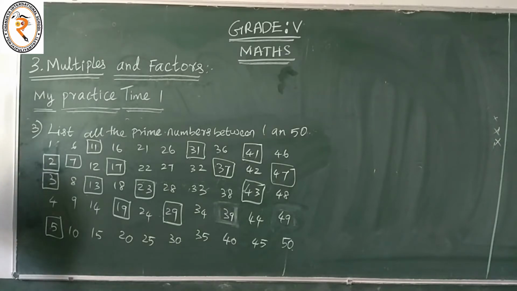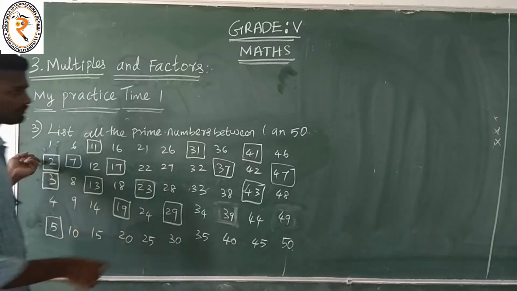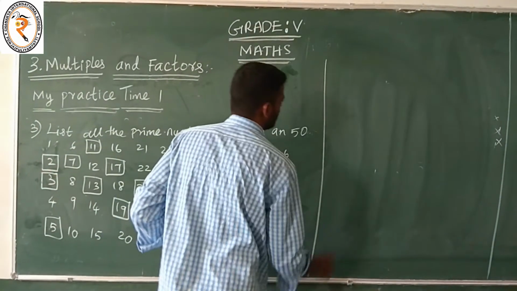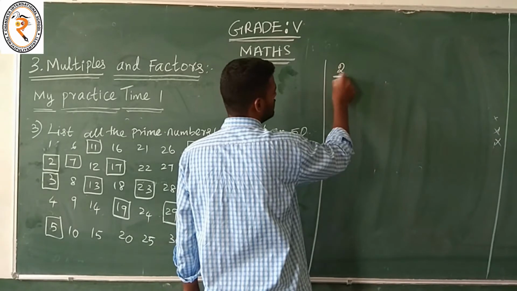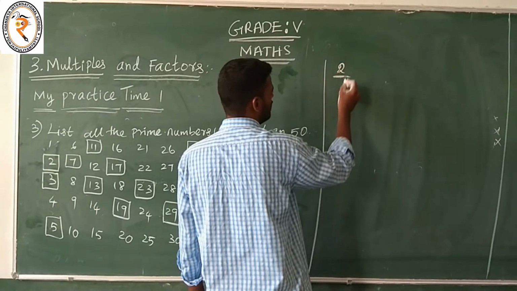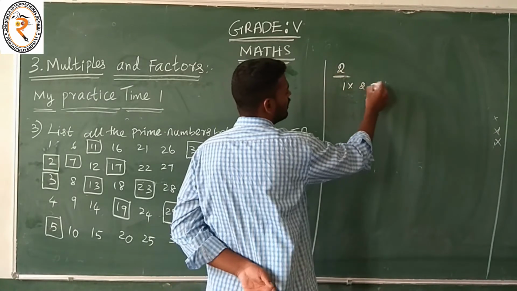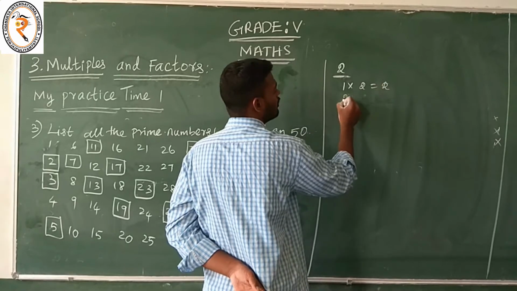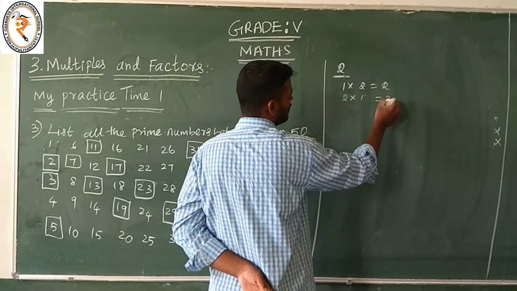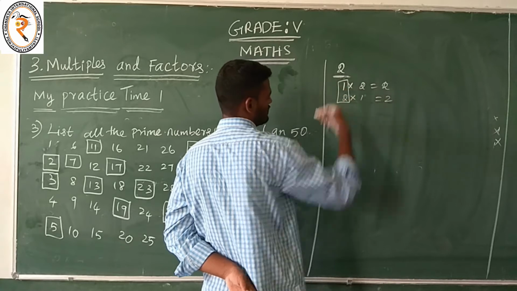A prime number comes only in its own table and the first table. Take 2: 1 two is 2 and 2 ones are 2, so it comes in the first table and the second table.